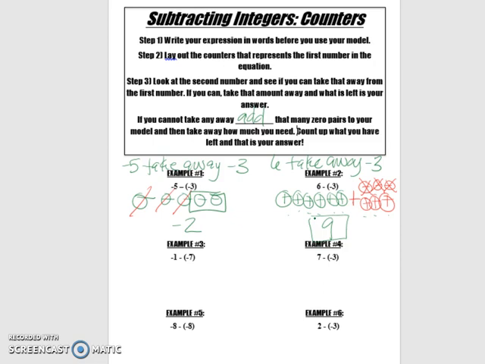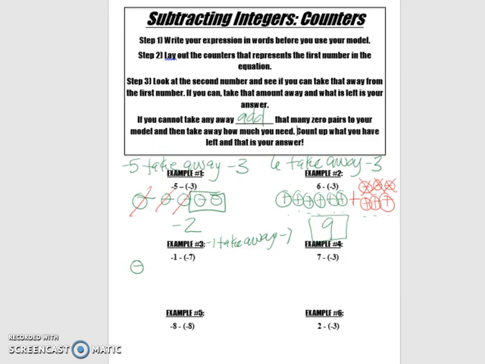So example 3 is -1 take away -7. All right, -1 take away -7. So we need to draw our first number with our model. So we have a negative integer chip. Okay, now we need to take away -7. How many negatives do we have to take away?